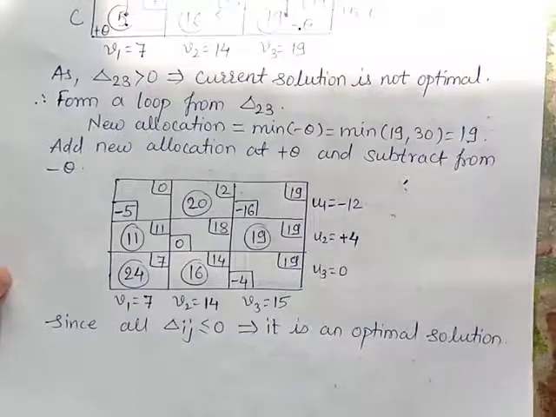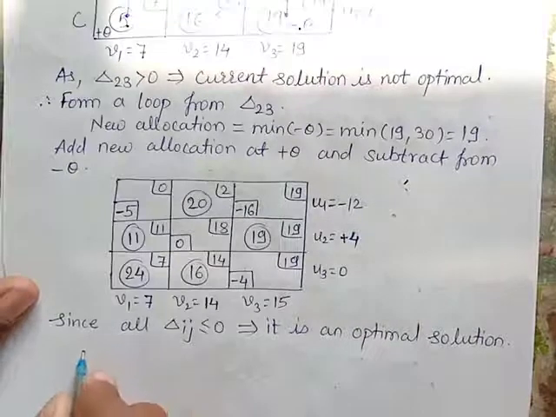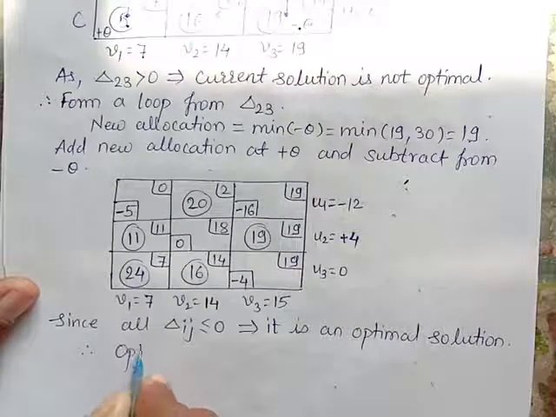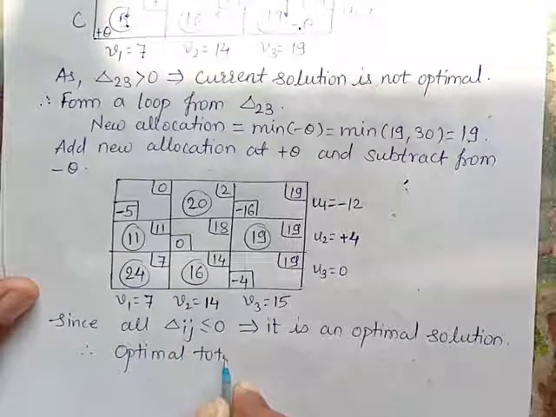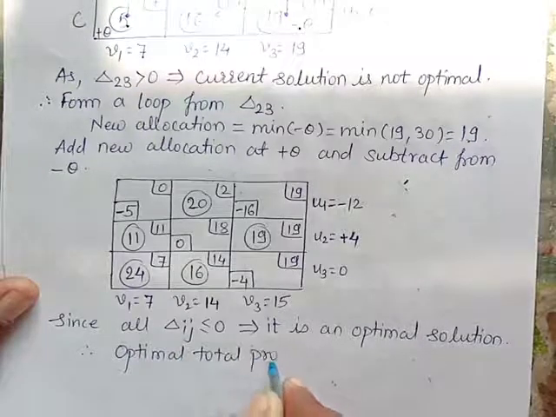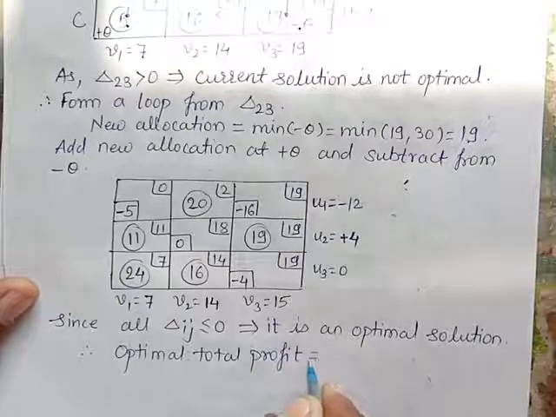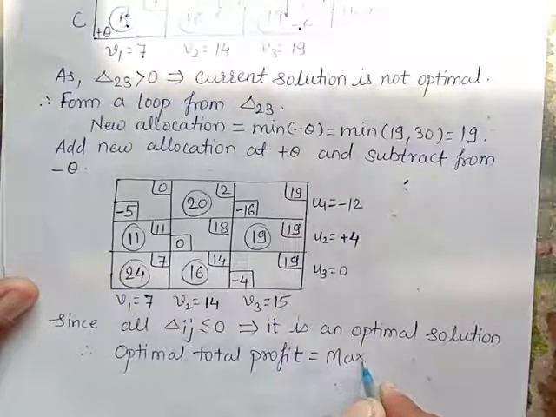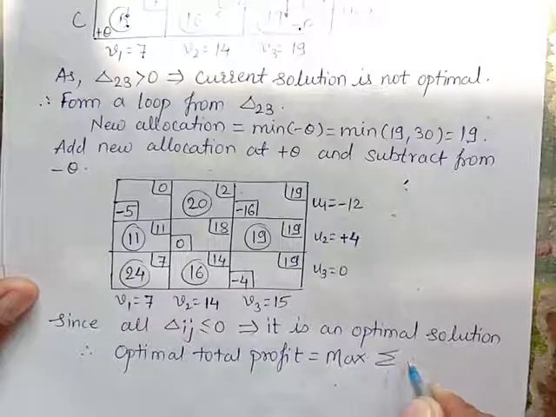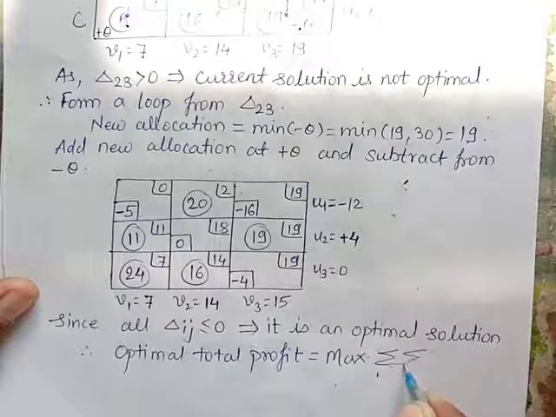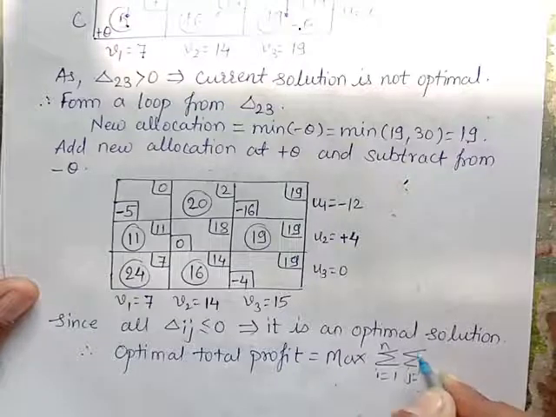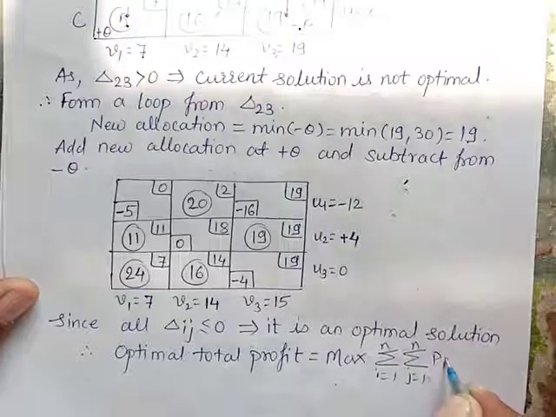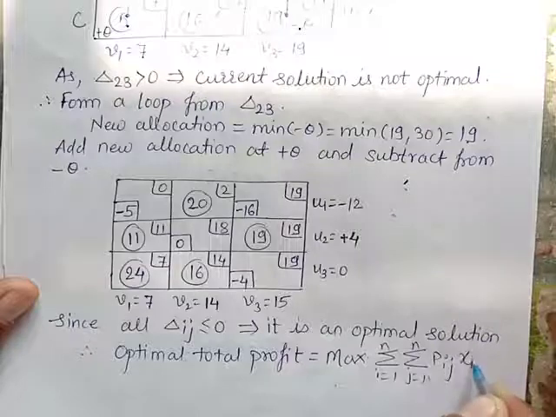Now to determine the optimal total profit, it is the maximum of the summation, i from 1 to n, j from 1 to n, pij into xij.